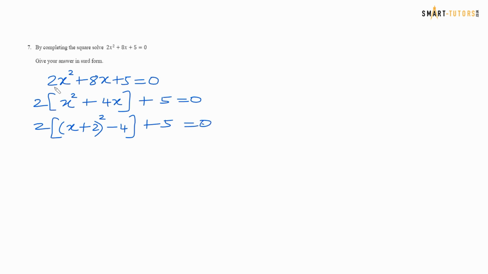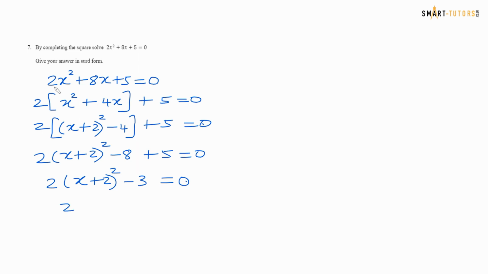Going to expand the bracket. So 2 times (x plus 2) whole thing squared, 2 times minus 4 is minus 8, plus 5 equals 0. So 2(x plus 2) whole thing squared, minus 8 plus 5 is minus 3, equals 0. So 2(x plus 2) whole thing squared equals 3.